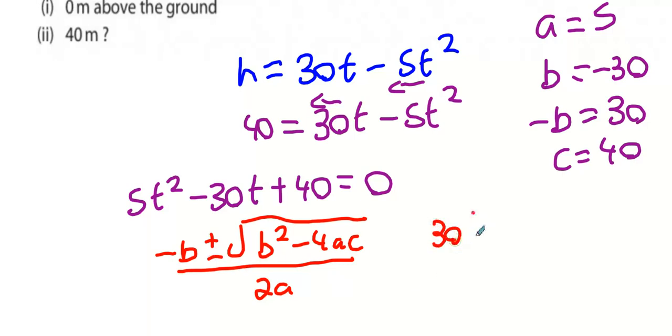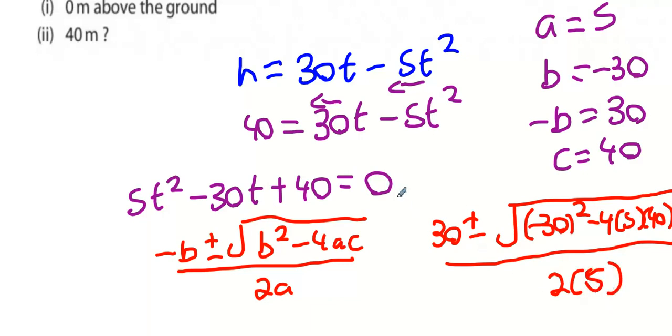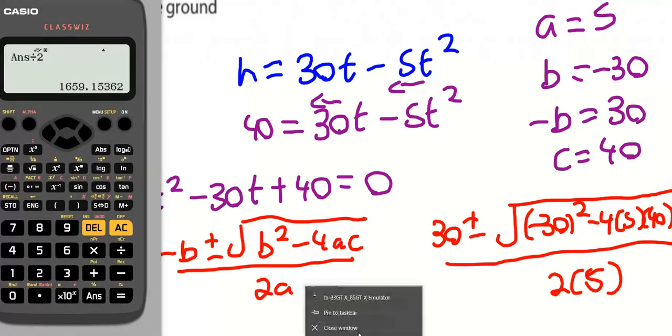Okay. And what do we replace? Minus 30 squared, yeah? And after that? Times 5 times 40 all over 5.